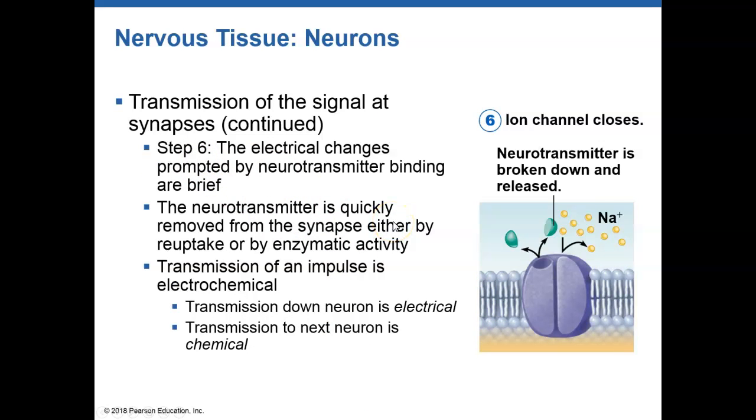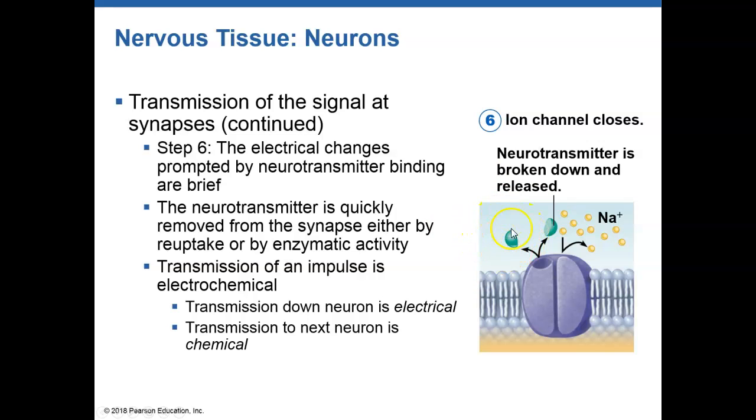As soon as the neurotransmitters are released from the axon terminal into the synaptic cleft, they're going to bind to the neighboring cell receptor, but at the same time, we have a lot of enzymes in the synaptic cleft that break down the neurotransmitter.